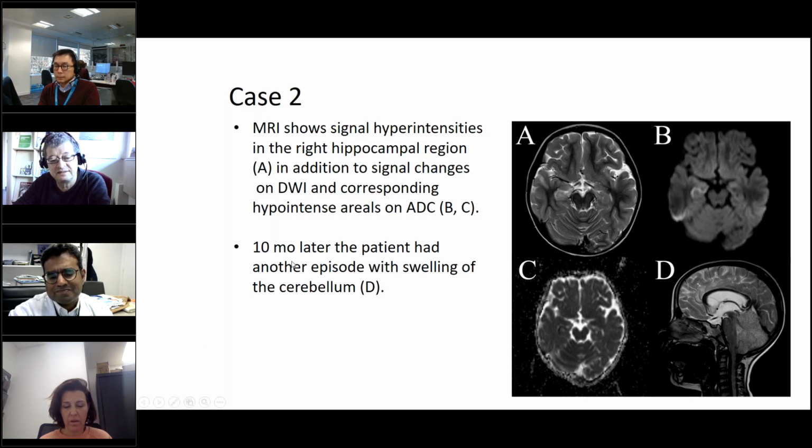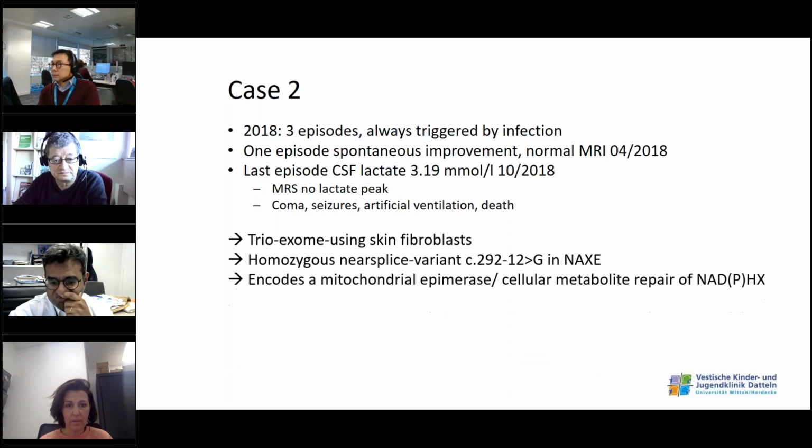Then 10 months later, the patient came with another episode of severe ataxia and vomiting. Here you can see the massively swollen cerebellum, leading to the death of the child. In retrospect, an exome was performed on skin fibroblasts and discovered a homozygous near-splice variant in the NAXE gene.